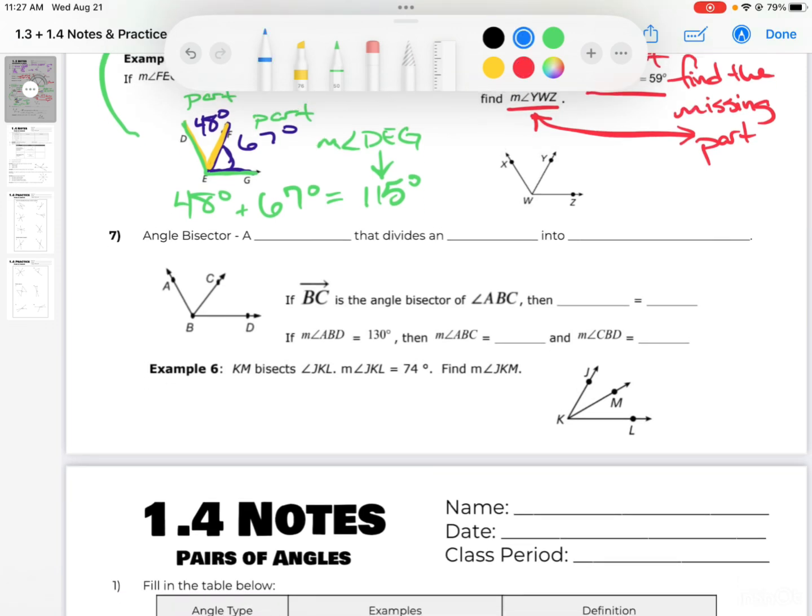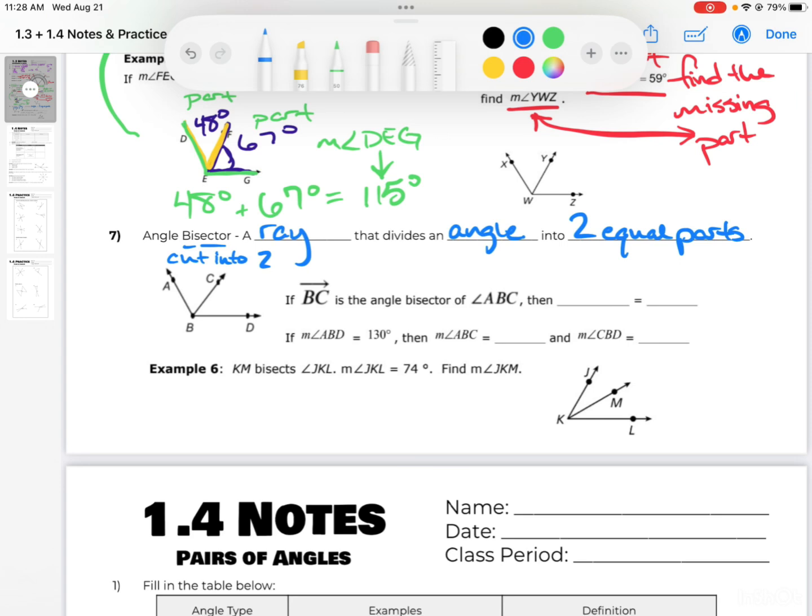Last class we talked about segment bisectors, and we talked about bisector meaning to cut into two. A segment bisector was something that cut a segment into two equal parts. Same concept here. An angle bisector is a ray that divides an angle into two equal parts.